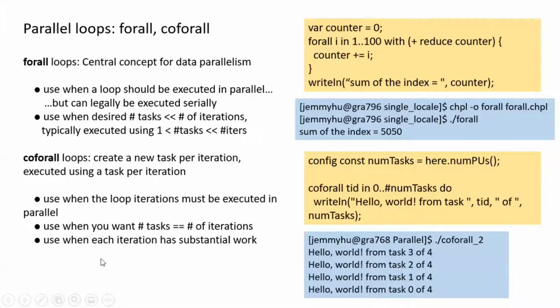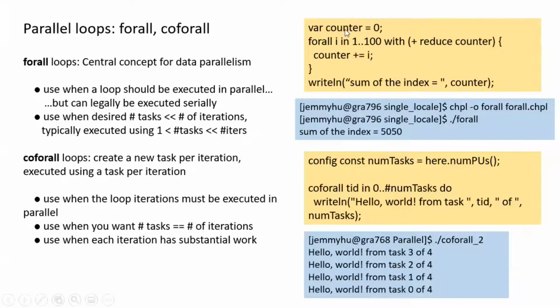Now, what is the way for Chapel to do parallelism? The first thing is the forall statement, which is the central concept for data parallelism. In this small piece of code, we define a variable counter. The structure of the for loop in Chapel is like the for loop in Python, looping over a range.